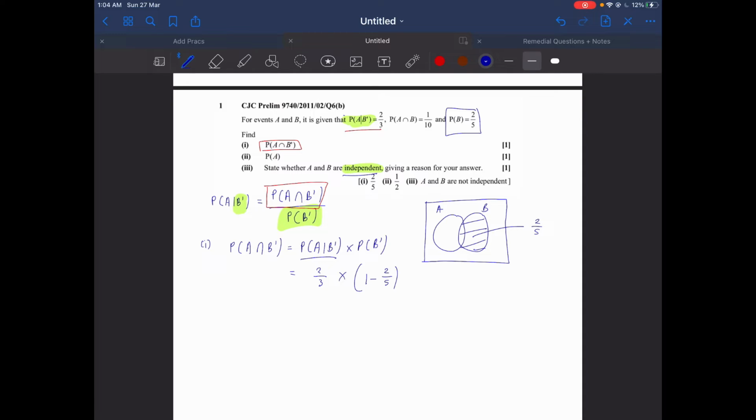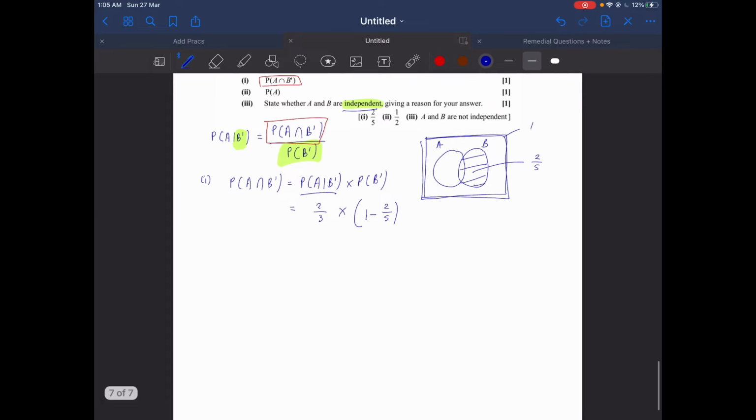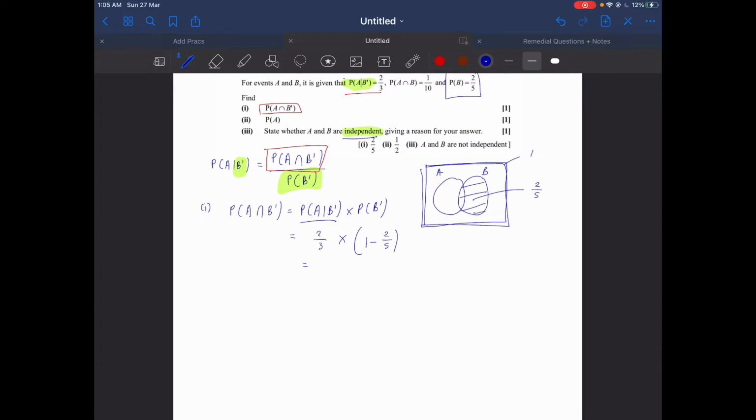And so the part that is outside of B would be 1 minus 2/5, because this whole box is actually represented by 1. So the answer would be 2/5.